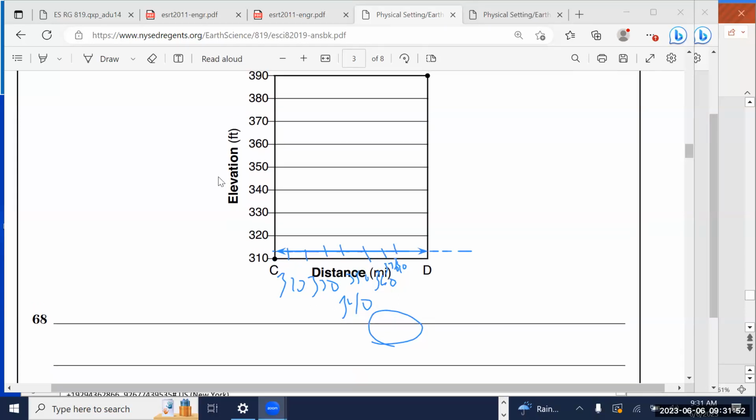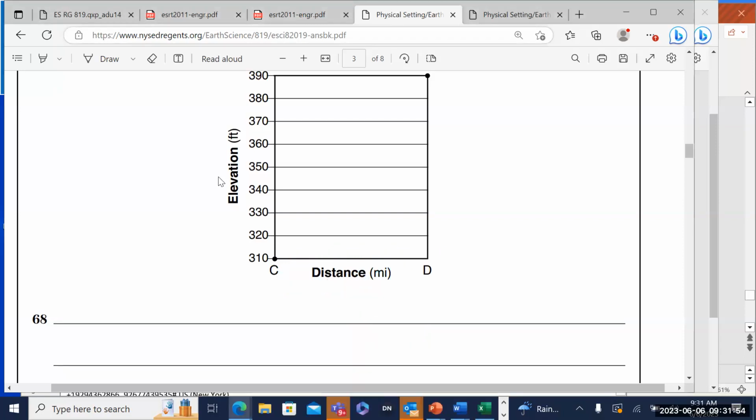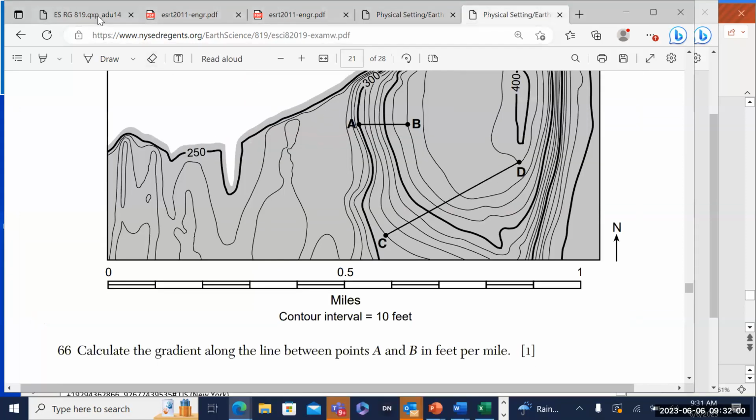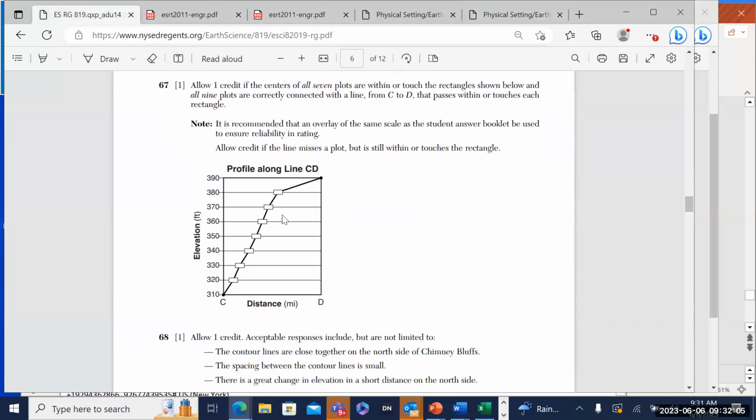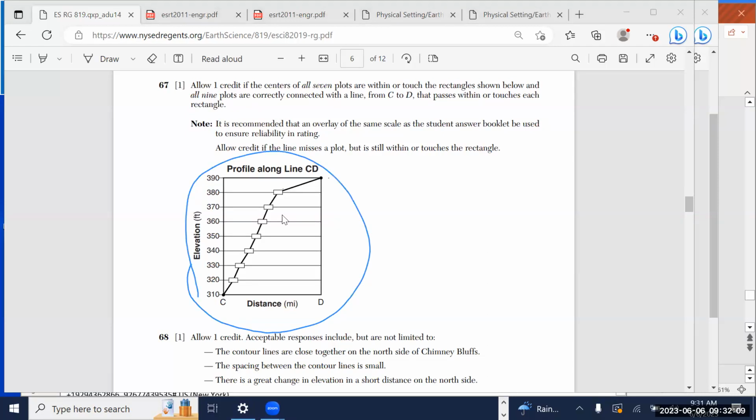So when you're plotting, your plot should look, and I'll show the answer key, like this. Remember how there was a big gap between 380 and 390? So you want to plot that as well.